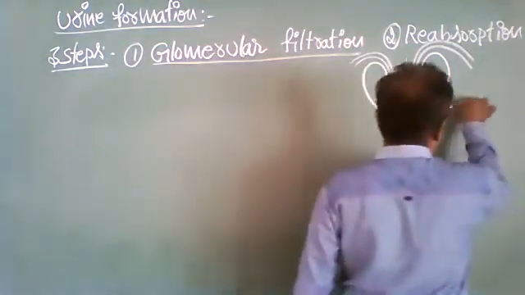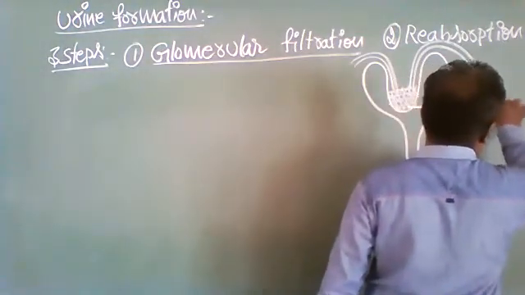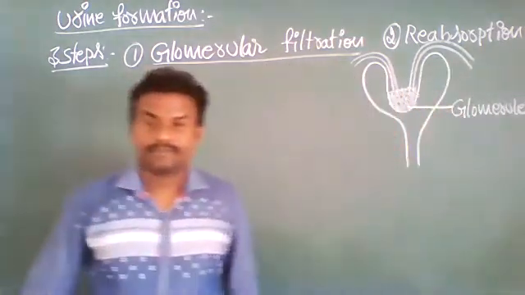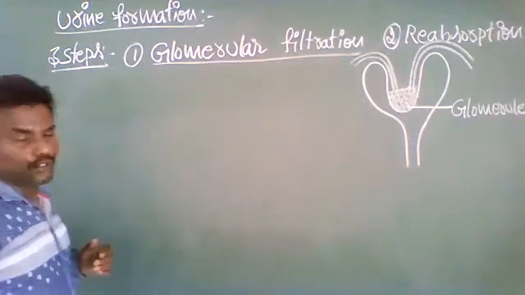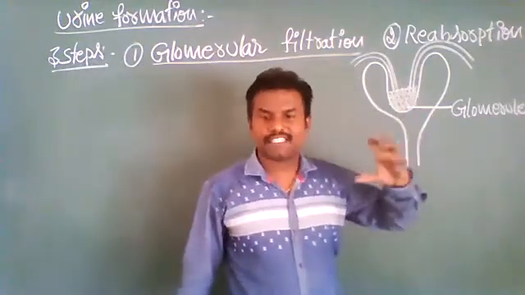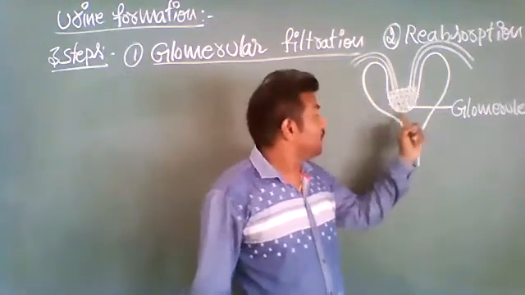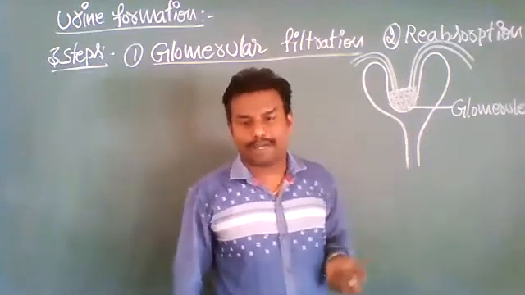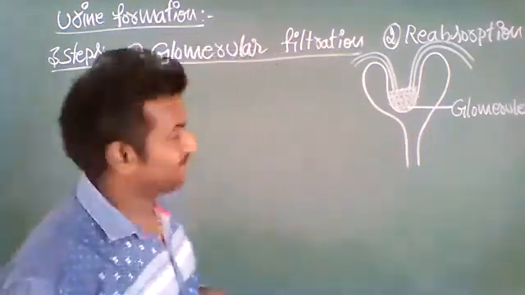This is glomerular. So the first step in urine formation is the filtration of the blood. That is carried out by the glomerulus.